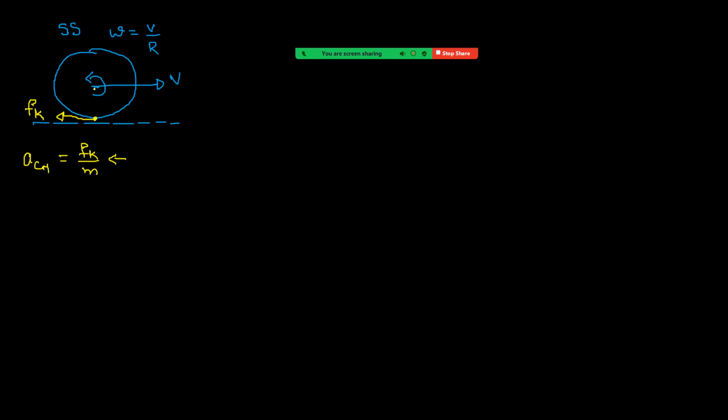Because of this friction, if you take torque about the center of mass, because of gravity, no torque. Because of normal reaction, no torque. It is only because of friction, and that is anti-clockwise. Sorry, that is clockwise. So because of friction, torque is now clockwise. But omega is anti-clockwise. Okay, that means omega starts decreasing.